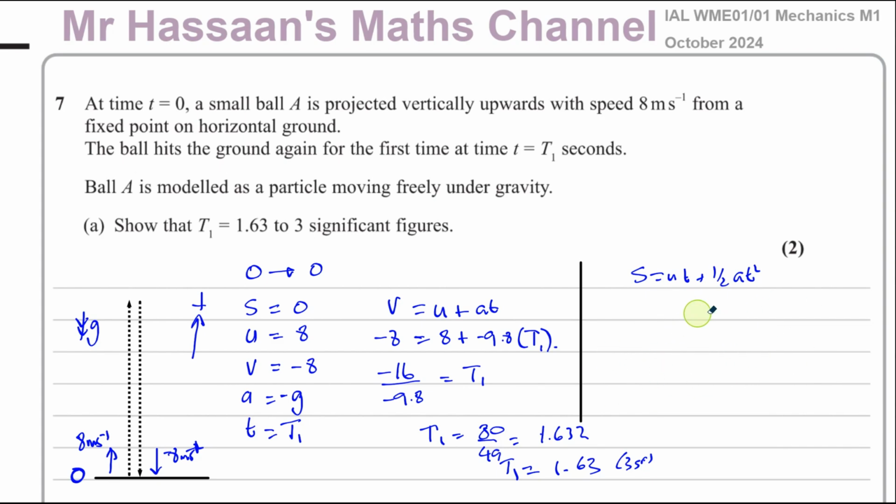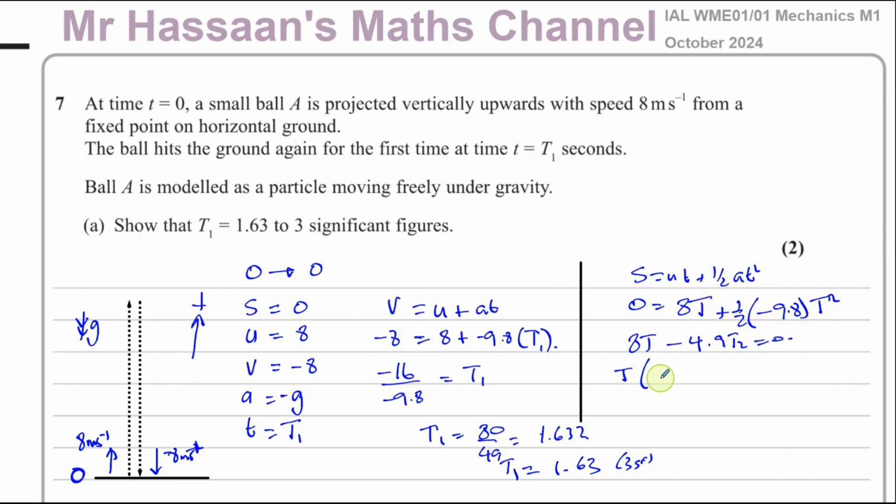a is negative g, right? So we have 0 equals u, which is 8, and you have t plus 1/2 times minus 9.8, because a is negative g, times t squared, right? So you end up with basically 8t minus 4.9 t squared, because 1/2 times 9.8 is 4.9, equals 0.